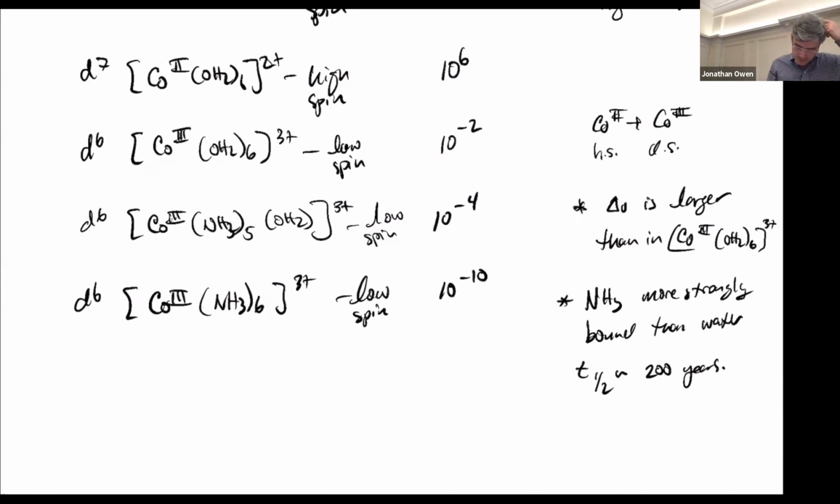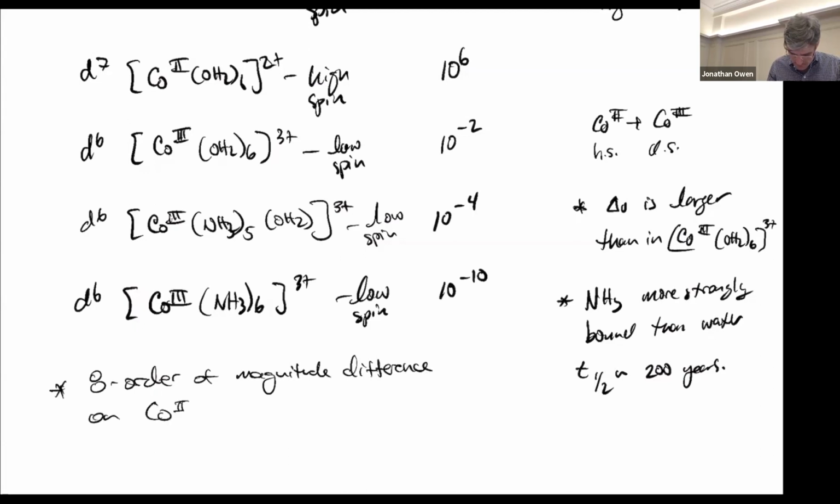Okay, so a couple cool things there, right? You got an 8 order of magnitude difference on changing spin state. The 2 to 3 conversion, low spin to high spin, or I guess high spin to low spin, causes an 8 order of magnitude change, a factor of 100 million.